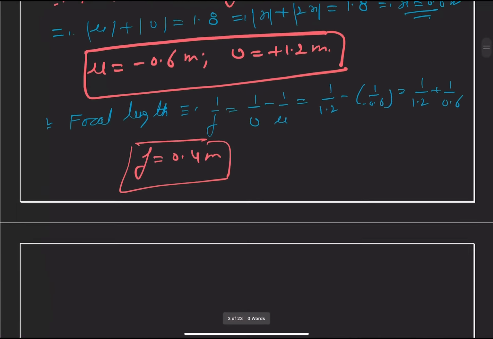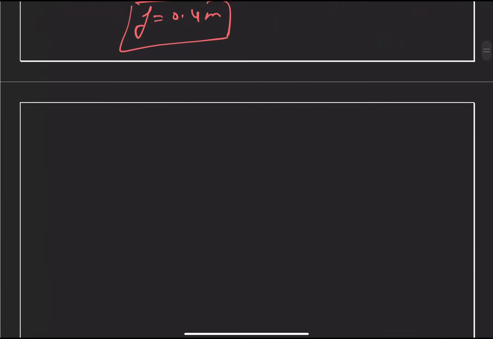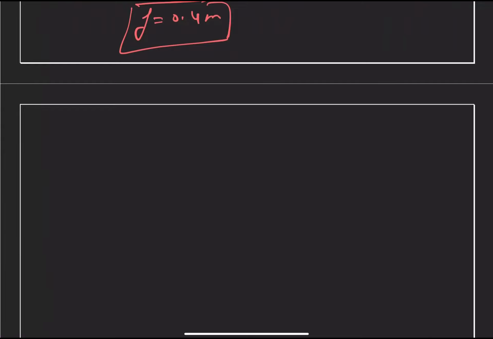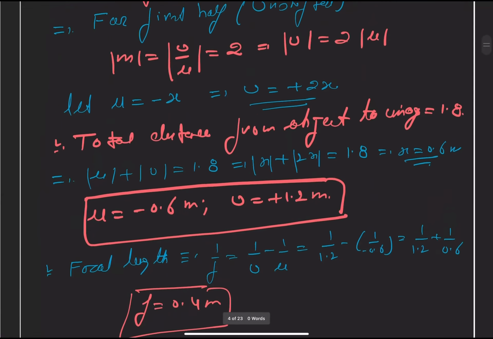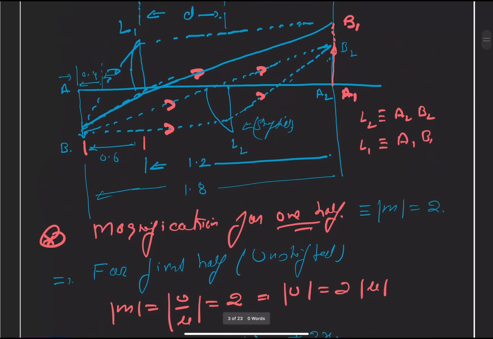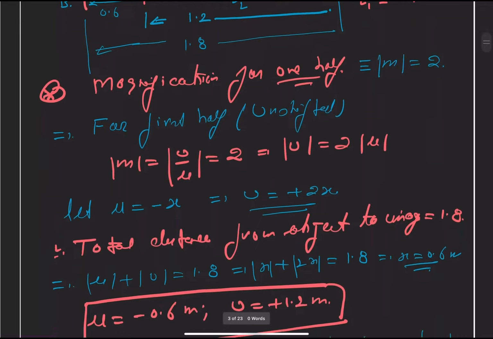Next, now we come to the second half, that is our shifted one. So for the second half, that is a shifted lens, that is our L2.